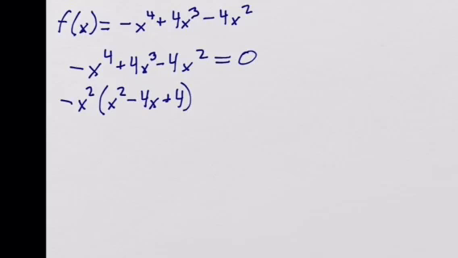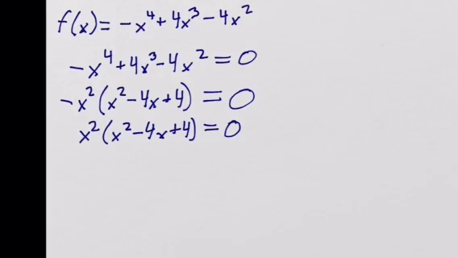And the reason I pulled that out as a negative x squared is that I'm now going to go ahead and take the liberty of multiplying both sides of this equation by negative 1. It's not going to do anything to the 0. It's just going to give me x squared times x squared minus 4x plus 4 equals 0.